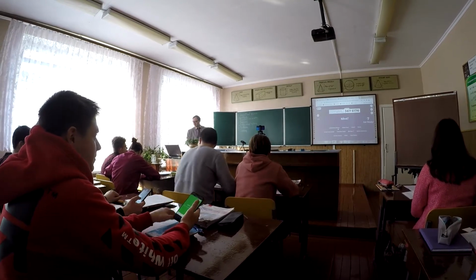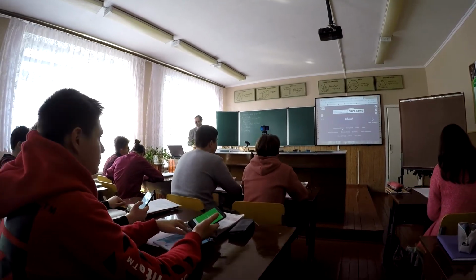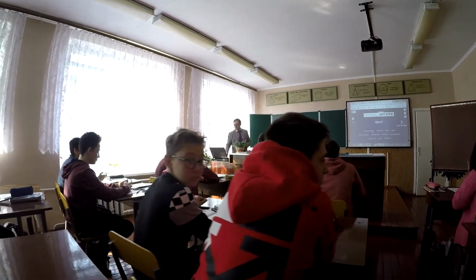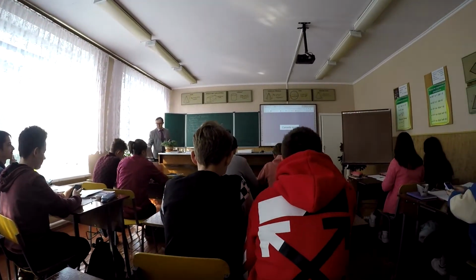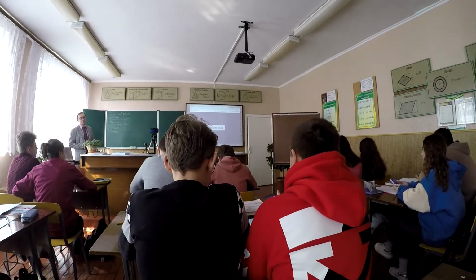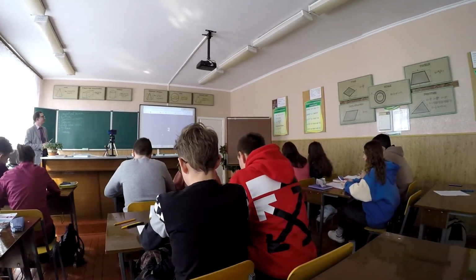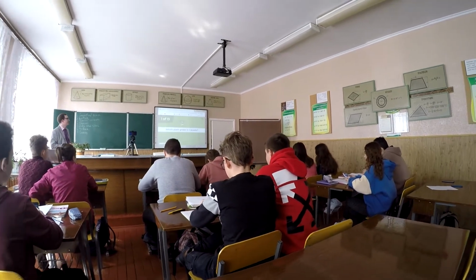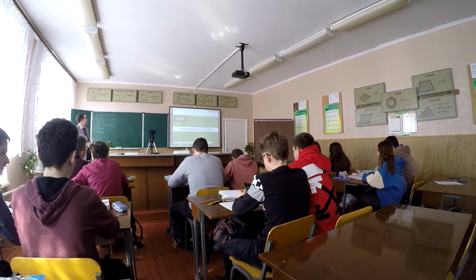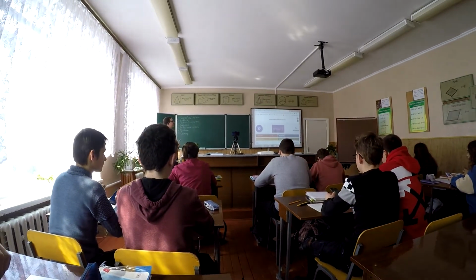Okay, 5 seconds to start. 2, 1, start. The quiz about Canada, you must choose the right answer. Be quick, because if you are quick, you will get good points. Which plant grows in Canada? Choose.